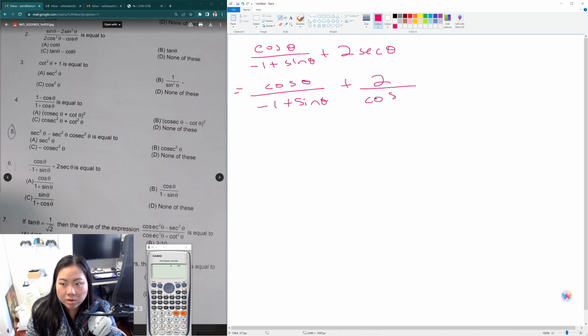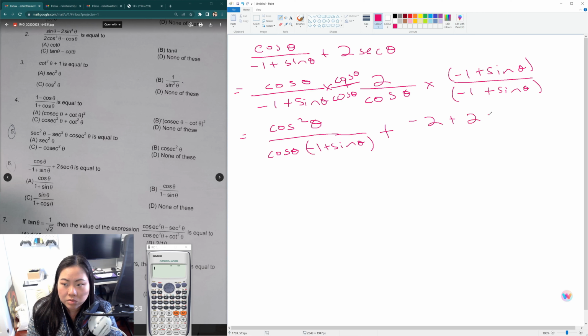And we're going to get cos squared theta on cos theta outside of minus 1 plus sine theta, plus, I'm going to expand this, so it's going to be minus 2 plus 2 sine theta on cos theta outside of minus 1 plus sine theta.